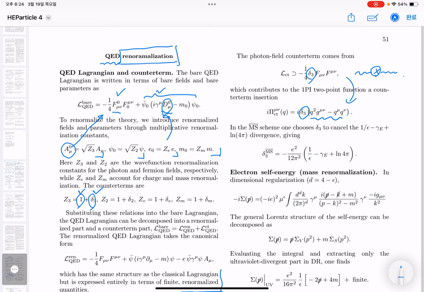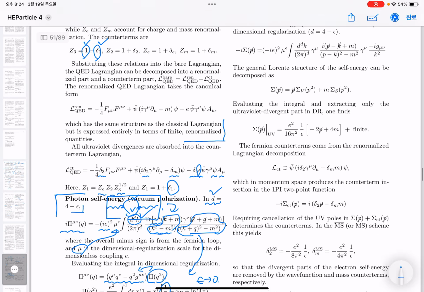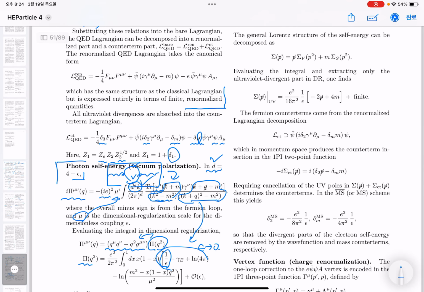The difference is just delta 3. And for the MS-bar scheme, the counterterm delta 3 cancels only the term 1 over epsilon minus gamma_E, which is just a constant, plus ln 4 pi. So one can determine the counterterm delta 3 for the photon field in the MS-bar scheme in the following form. Then this delta 3 cancels this divergence, this part.